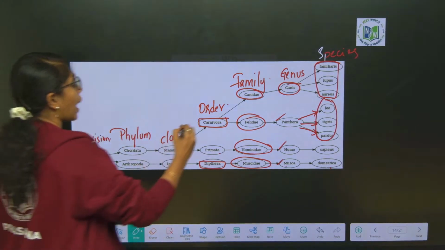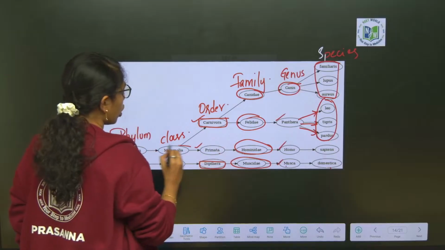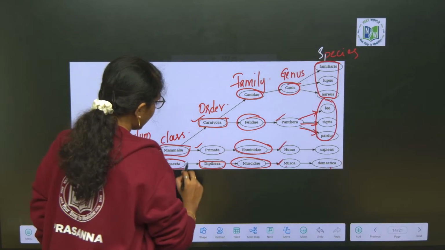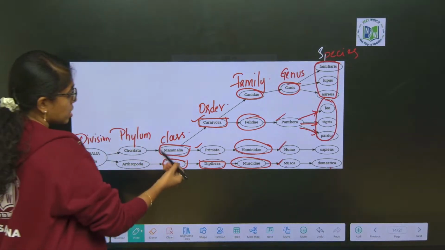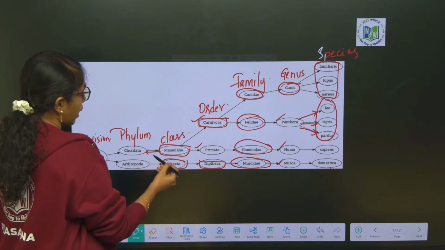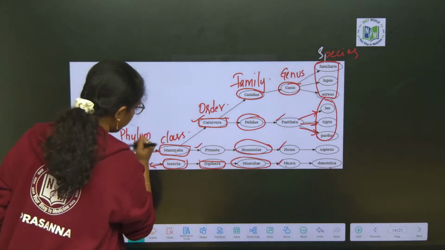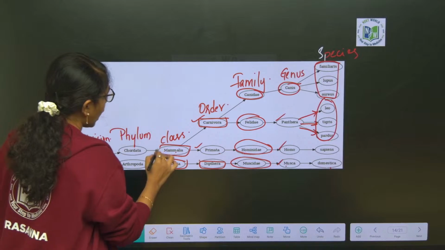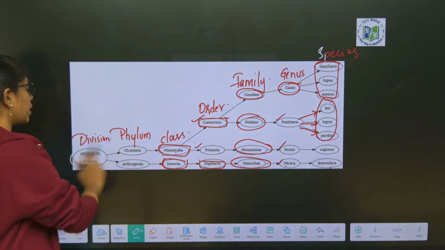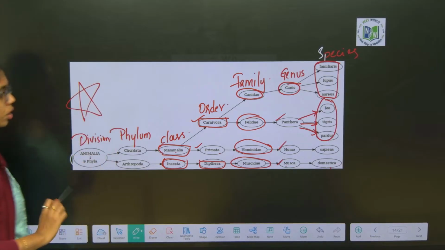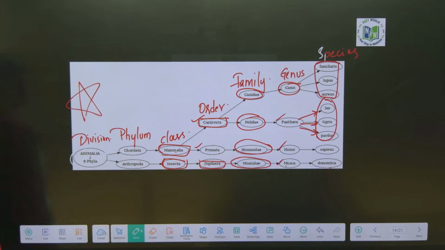And here Carnivora and Primata belong to the class Mammalia. Diptera order belongs to the class Insecta. Then these classes belong to what? Phylum. Mammalia belongs to Chordata phylum and Insecta belongs to what? Arthropoda. They belong to the kingdom Animalia. Clear, right? If you want, you can take a screenshot of this. We can expect direct questions from here.